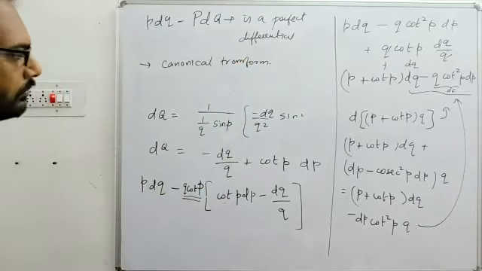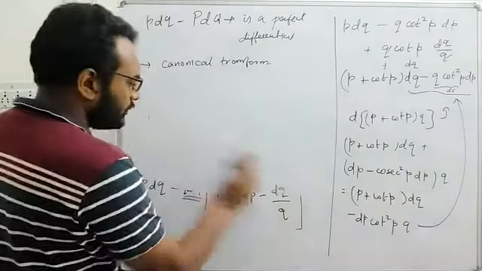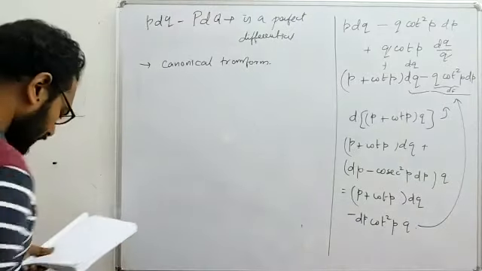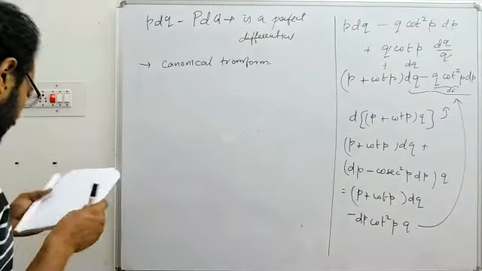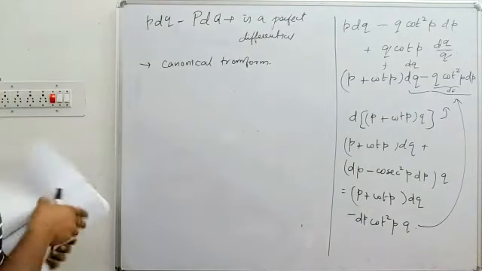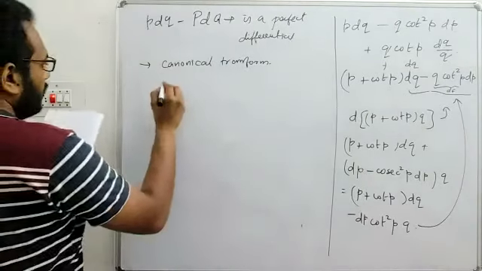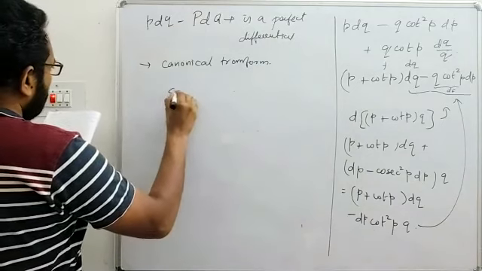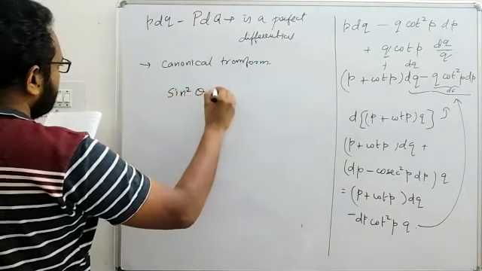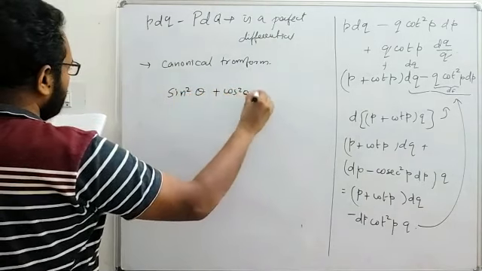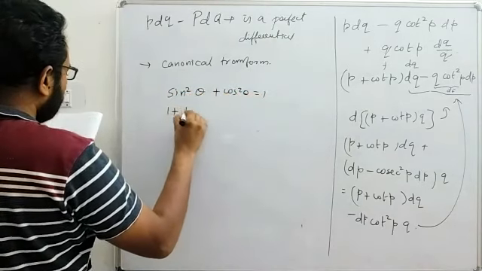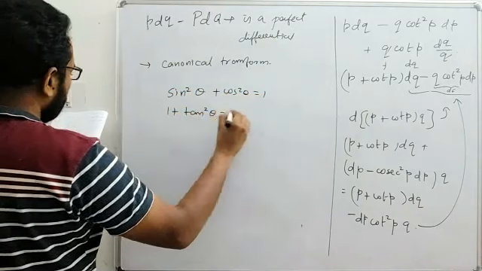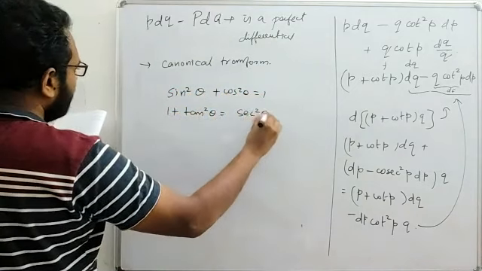The relation I used there was a trigonometric one. It's good to remember: sin square theta plus cos square theta is equal to 1. We have 1 plus tan square theta is equal to secant square theta.